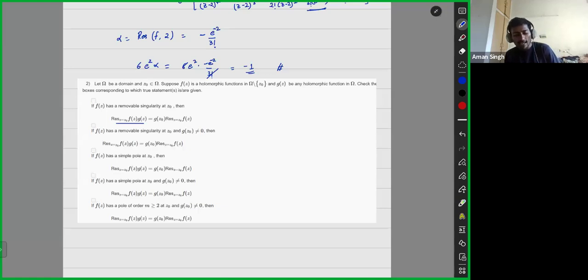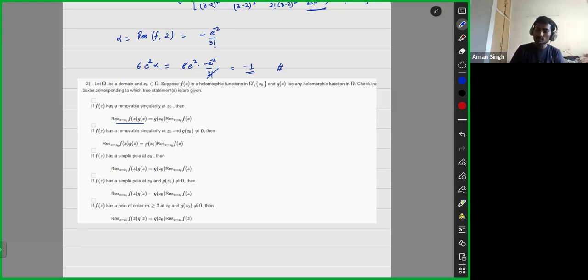Now, when f(z) and g(z) both are holomorphic, what happens to f into g? That is also a holomorphic function, right? This is a similar kind of algebra of differentiable functions. If f and g both are holomorphic, then f plus g is holomorphic, f into g is holomorphic, something like that.